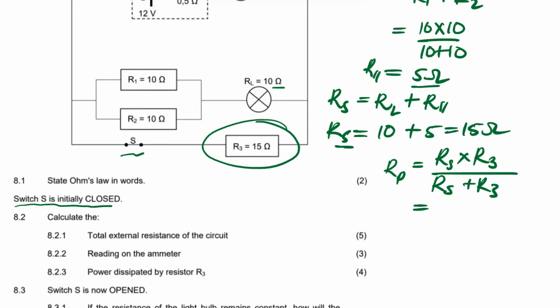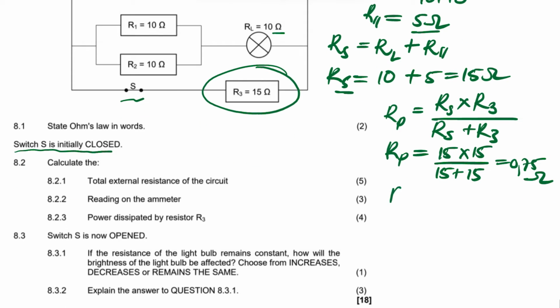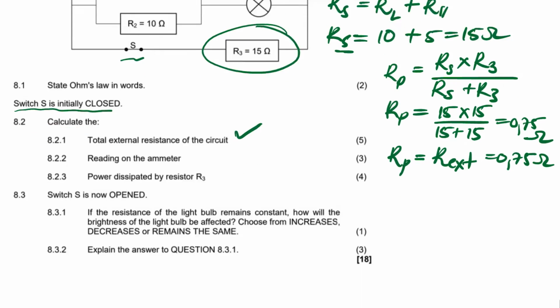The R series is 15, so 15 times 15 divided by 15 plus 15, which is going to be 0.75 ohms. So that's my R parallel, which is equal to my R external, 0.75 ohms. So I answered that question.